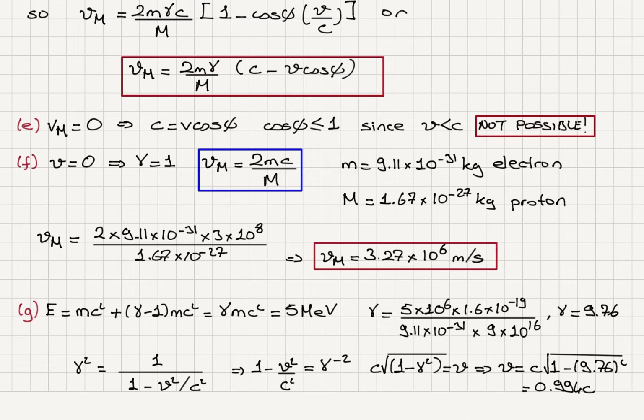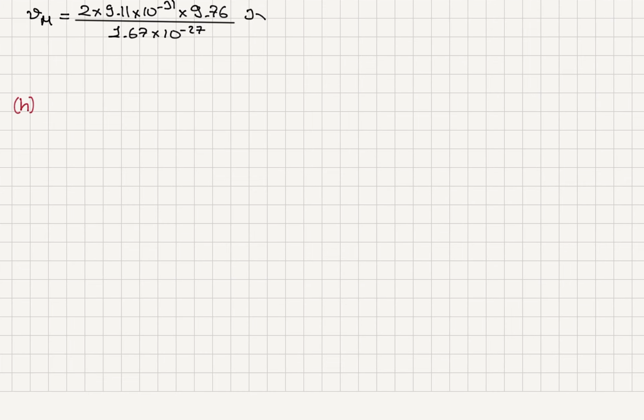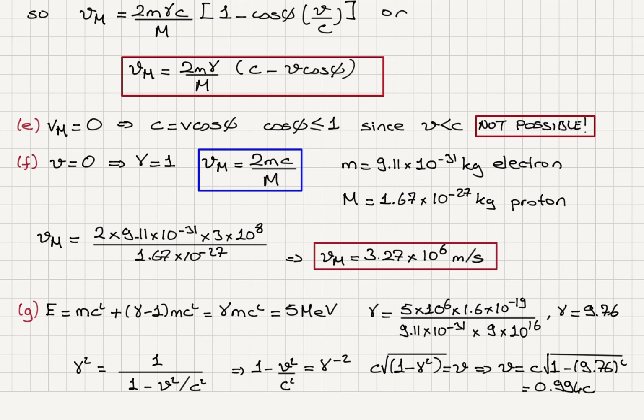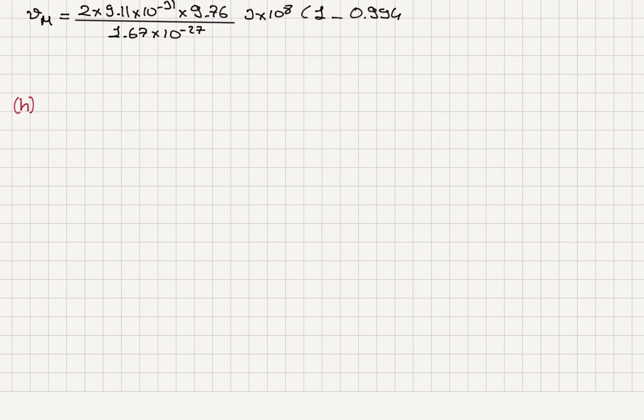And then I have c times 1 minus v over c cosine phi. So that is 3 times 10 to 8, 1 minus v over c, 0.994. And for cosine 60, I have 1 over 2 times 1 over 2. So cosine 60 is sine 30, which is 1 over 2.